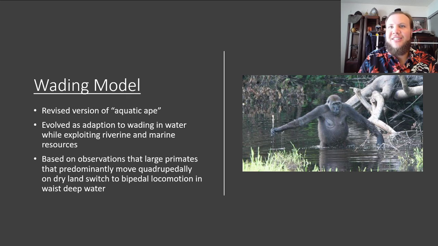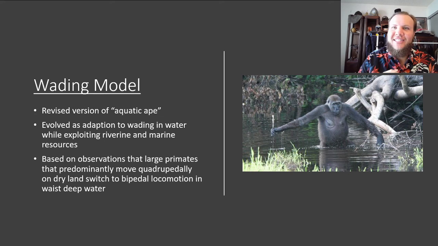This is also a revised version of what's known as the aquatic ape theory. That is no longer seen as valid. It's more like a joke hypothesis at this point. It held that we developed bipedalism because we were constantly in the water in marine environments, so we were essentially similar to a marine animal, like a seal, and that's why we're more hairless and have more subcutaneous fat than other apes.